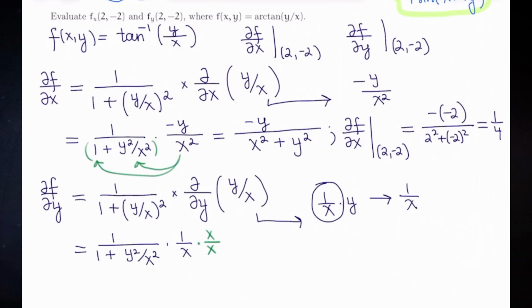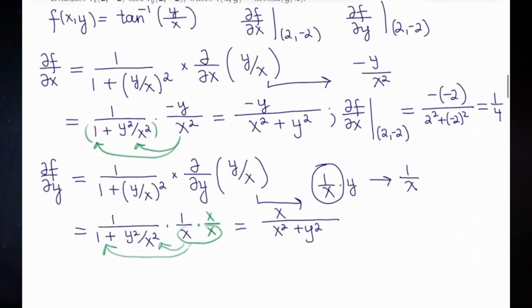Okay, so now we have this expression that's easy to simplify. This simplifies to be x on top. Now, look, this becomes x squared, right? And once again, if I distribute this, this gives me a nice expression. So on the bottom, we're going to get x squared plus y squared. Okay, that's my partial with respect to y.